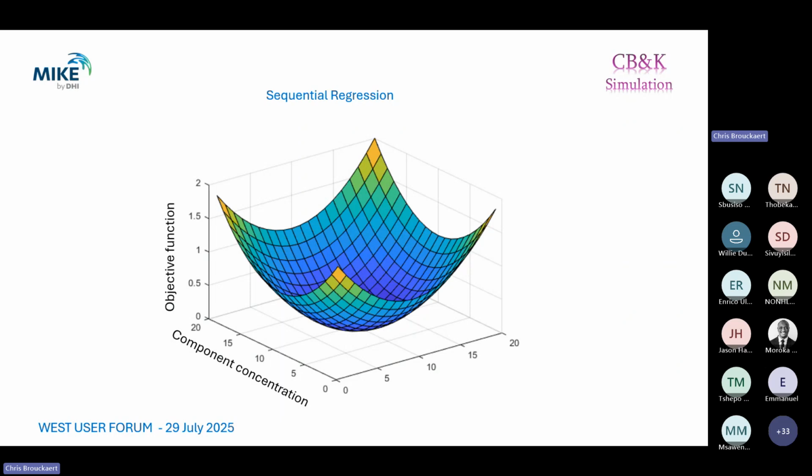The regression has an objective function, which is the sum of squared errors between the measurements or the estimates and the simulated measurements, which are calculated from the composition. So if you have a particular composition at a particular time, there is an objective function which you can calculate, say, at a point like that. The best fit is at the bottom of the curve.